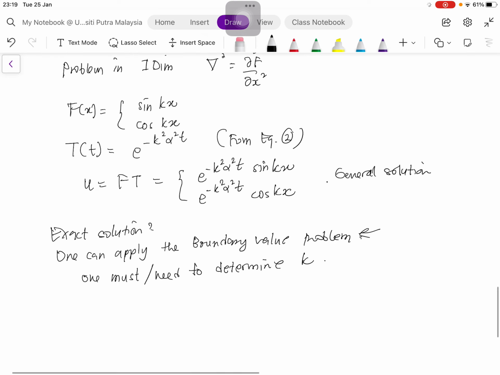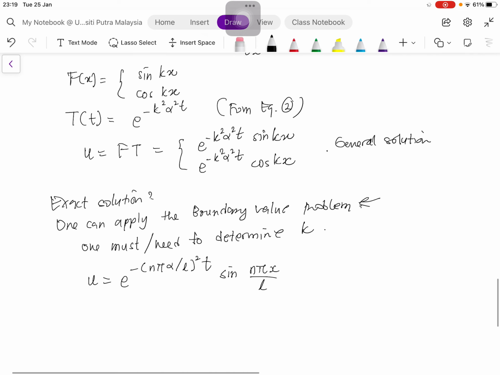That's why in your problem you have your u in the solution. This is the exponential of minus n pi alpha over l squared t, and then sin n pi x over l.